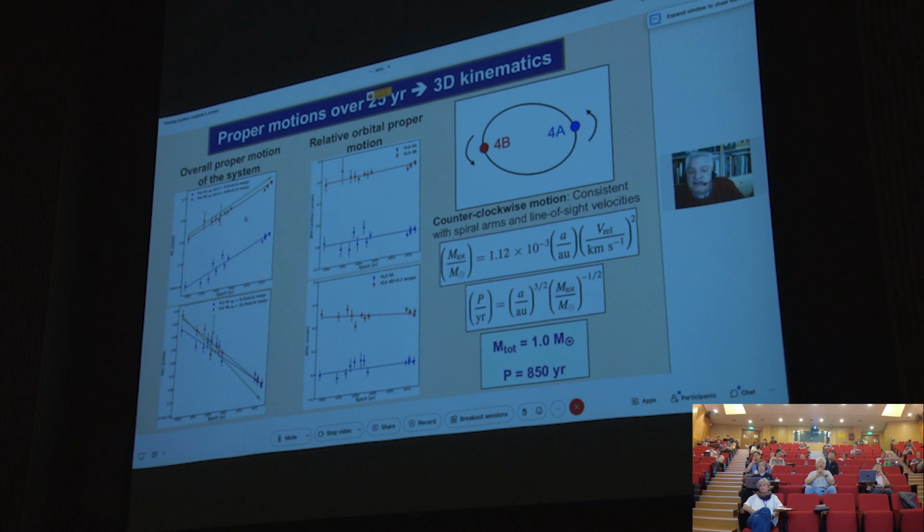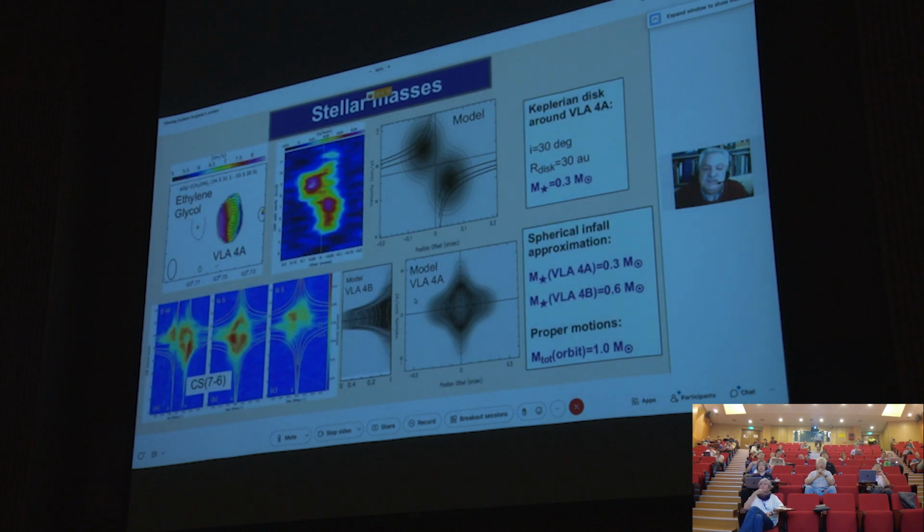From the study of the gradient toward the A component, we derive the mass of this star, that is 0.3 solar masses, and from the large scale velocities, we see that there is an acceleration that we model very well with masses of 0.3 and 0.6, which is in very good agreement with the total mass derived from the proper motions.